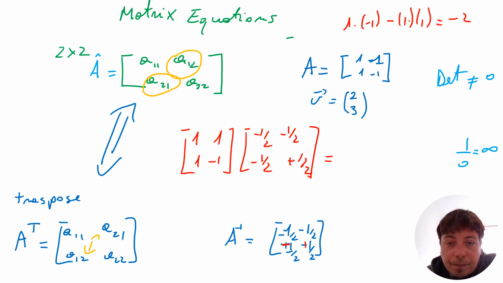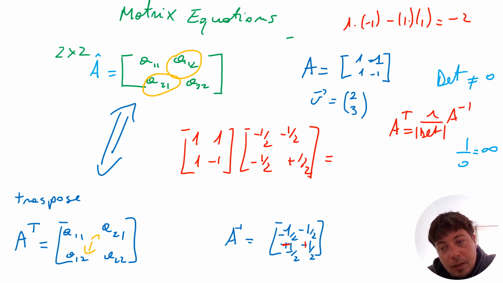Sorry, there is an absolute value in the definition: the absolute value of the determinant, and then a minus 1, a minus 1, which means that this is 1, 1, 1, and minus 1.